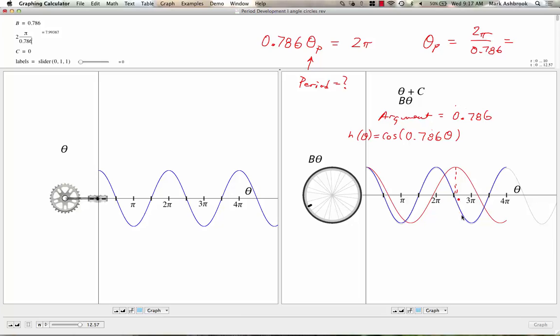So right there is 8 radians, and that's our period of that function, cosine of 0.786 theta. Right, longer period. What's the period of just cosine theta? About 6.28, right? 2 pi.